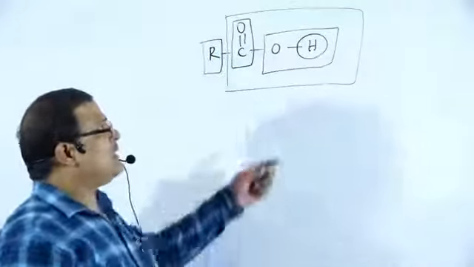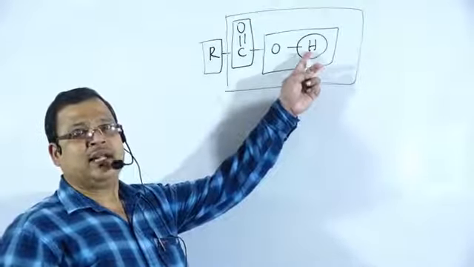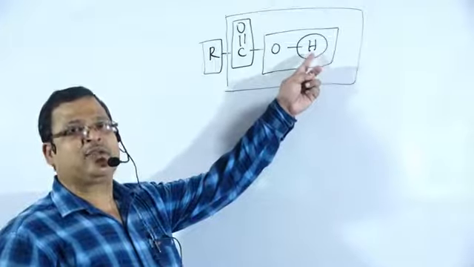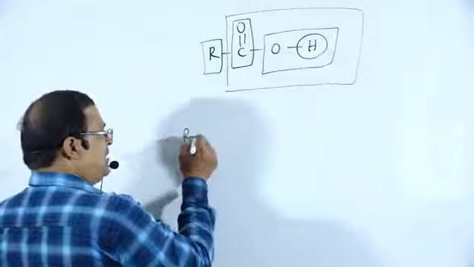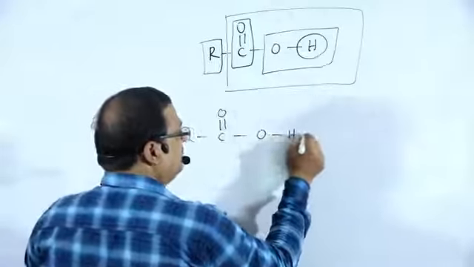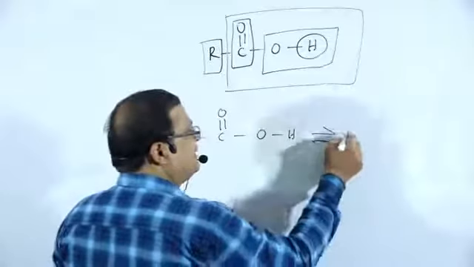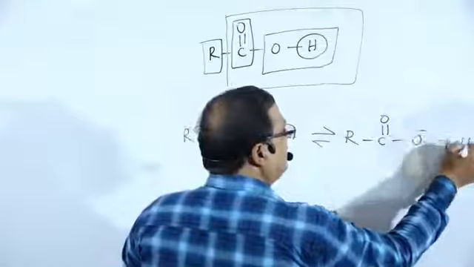So today we will start with the reaction shown by the H part, that is, the acidic behavior of monocarboxylic acids. RCOOH gives RCOO minus plus H plus.